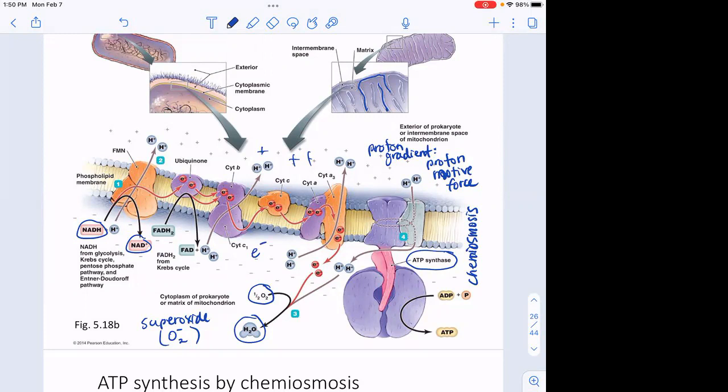That's another way that superoxide can be formed, as well as peroxide anions. So superoxide dismutase, catalase, peroxidase, those are all enzymes that help detoxify those toxic oxygen compounds.